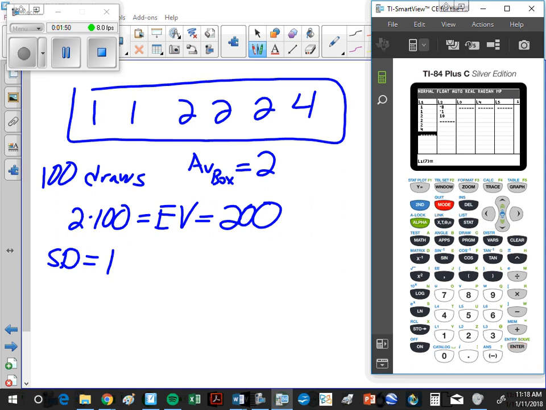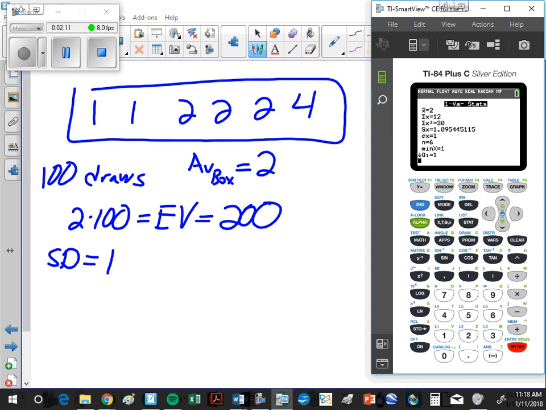Okay, exit out, stat, one variable stat. So I ended up with an SD of 1. Did you write this number?